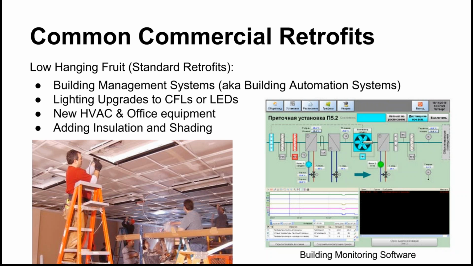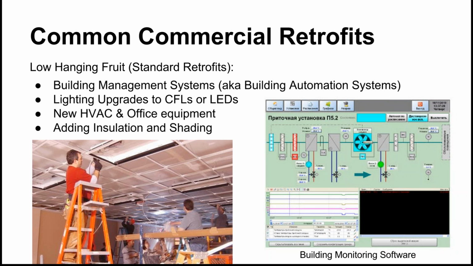So some other simple things that commercial buildings will do is use the new high energy HVAC equipment, update their equipment, and use office equipment that has lower energy use and water use as well. I don't really mention that here, but things like dual flush toilets, low flow shower heads in areas where you have showers.